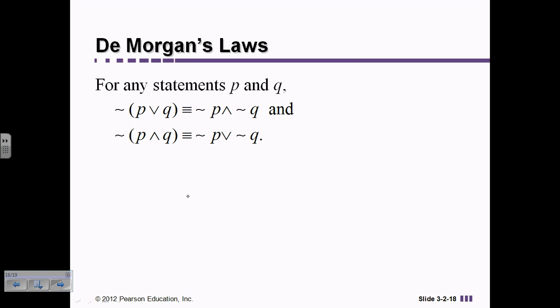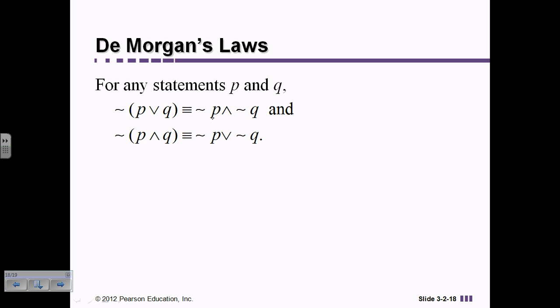De Morgan's law says the negation of the disjunction is the negation of each of the pieces with the conjunction symbol. So you'll notice what happened here is basically the negation symbol almost distributed.